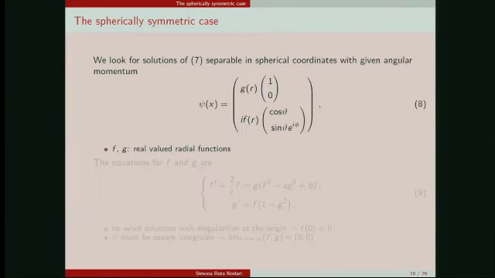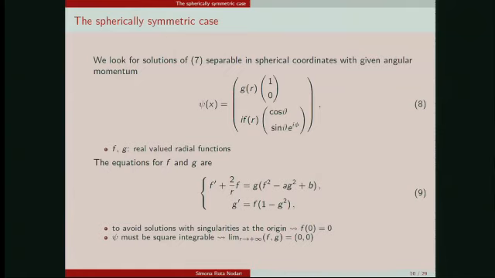Let me start by looking for solutions which are separable in spherical coordinates. And more precisely, I look for solutions of this form where G and F are real radial functions. In this case, the nuclear physics non-relativistic limit is a first-order dynamical system.